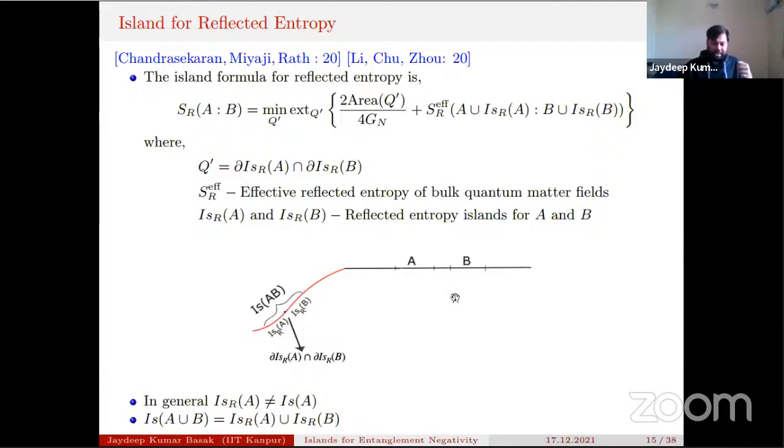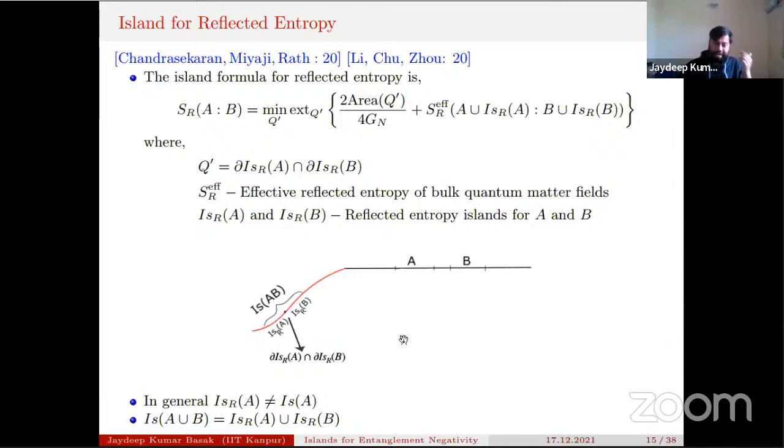We have considered A and B to be two subsystems here in the Bath, and then we try to configure the reflected island A and reflected island B here. So we can say that in general, reflected island and entanglement entropy islands are not exactly the same, but yes, we can say that when we have the entanglement entropy island for A union B, which is this full region here, we can chop it into two parts.